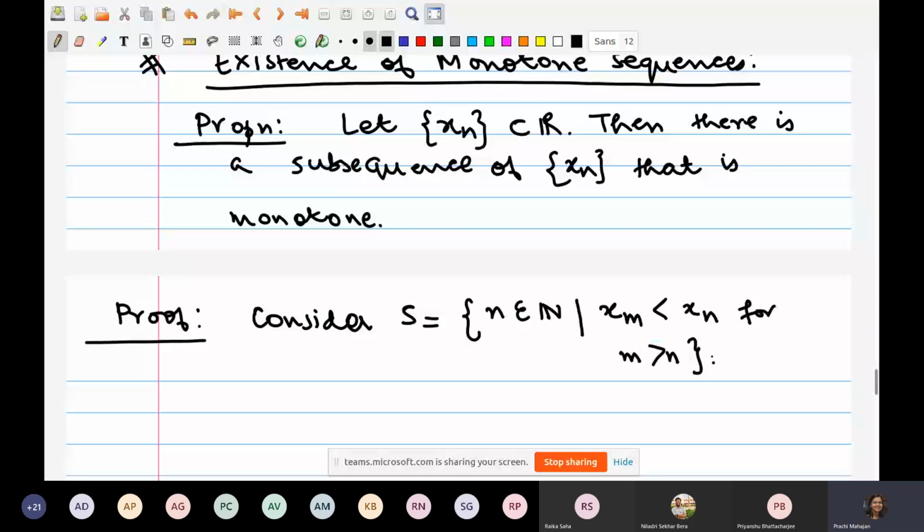Let's look at what this set is doing. It is collecting all those indices n such that xn, the corresponding term in the sequence, is bigger than any term that follows it in the sequence. Is that okay?